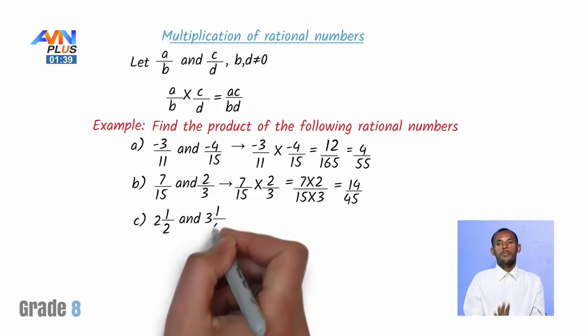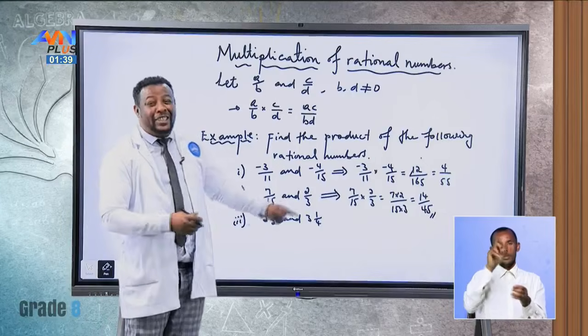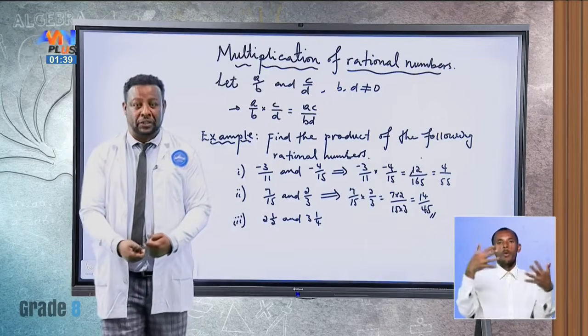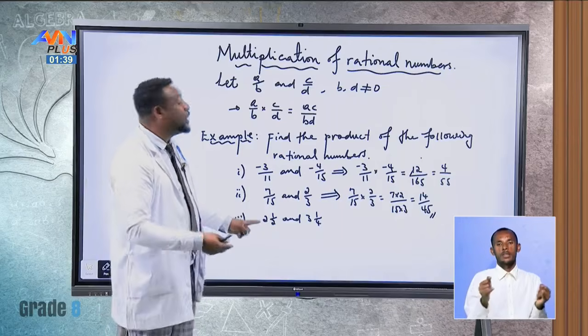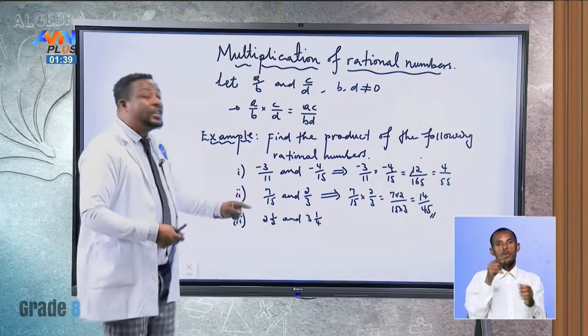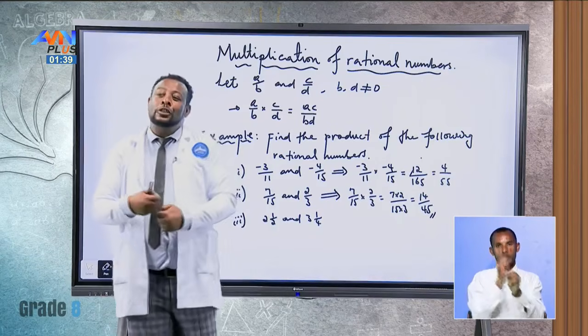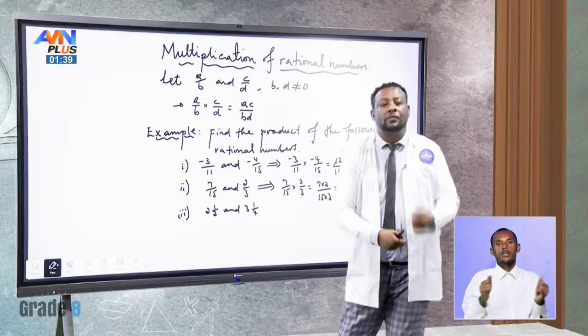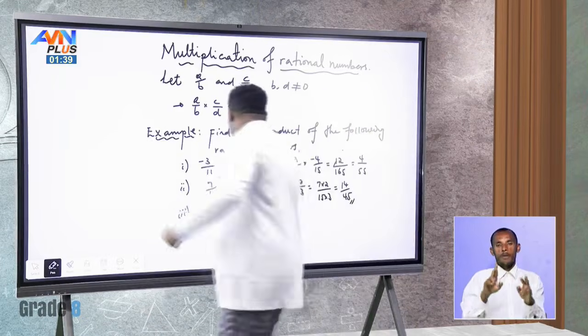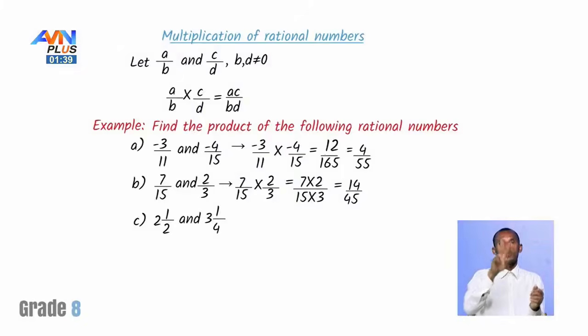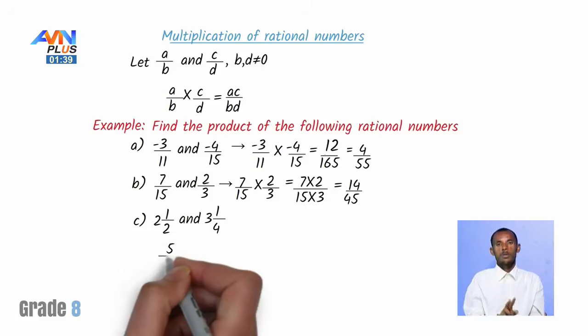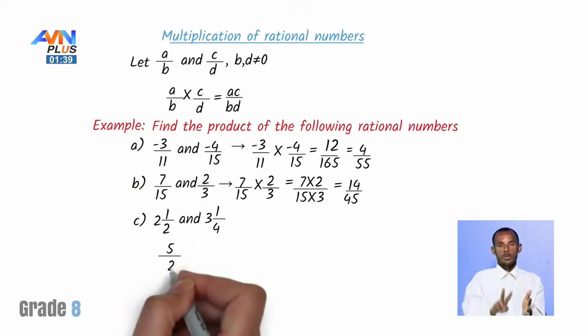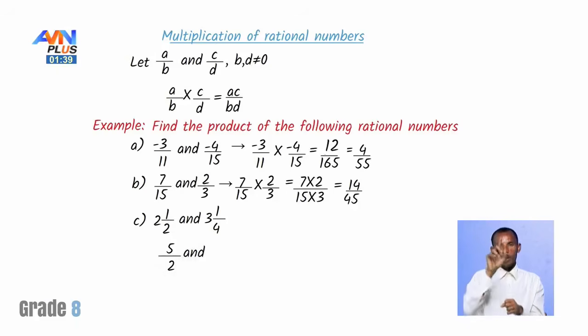If you are asked to find the product, the first thing that you need to do is convert the mixed fraction into improper fractions. So 2.5 is exactly the same as 5 over 2, and 3 and 1 over 4 is exactly 13 over 4.